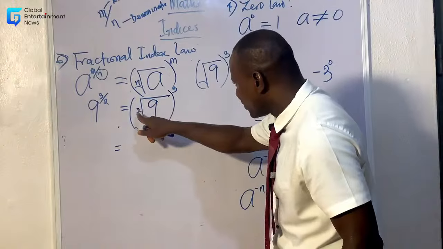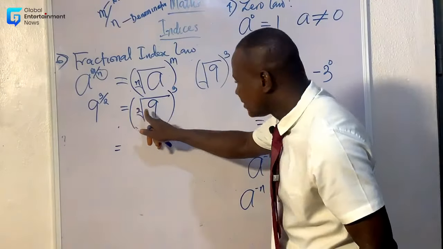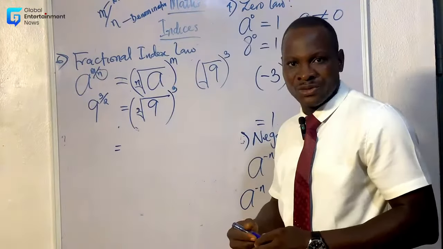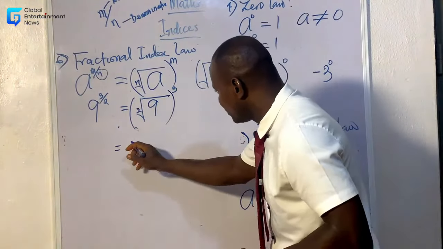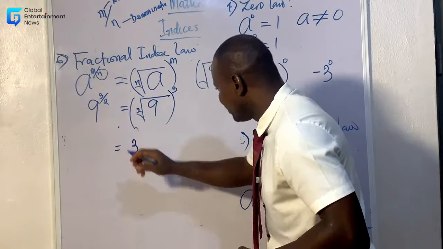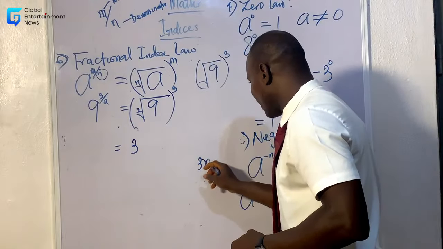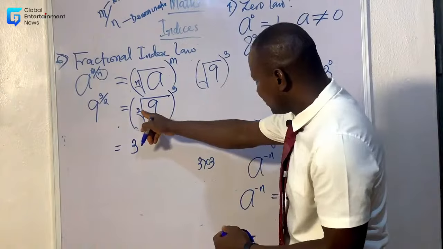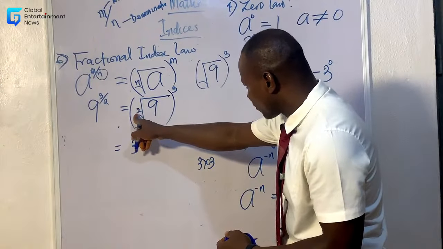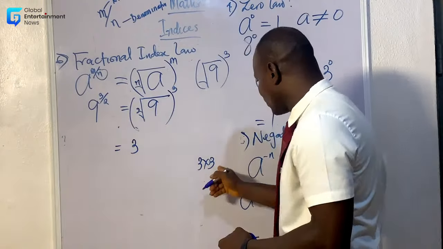What is the number? Okay, somebody said 3. That means we have 3 here, and if you say 3 times 3, it's going to give me 9.